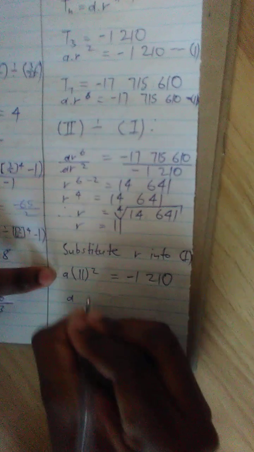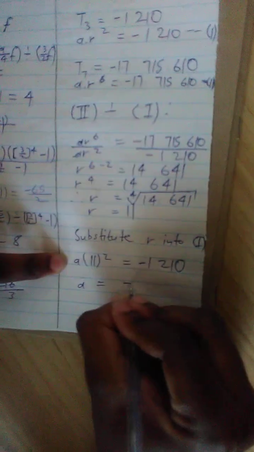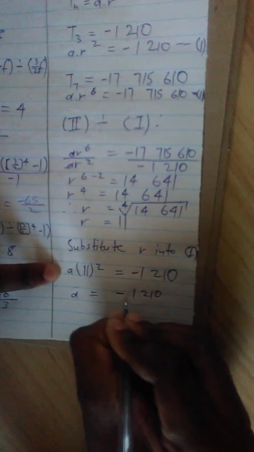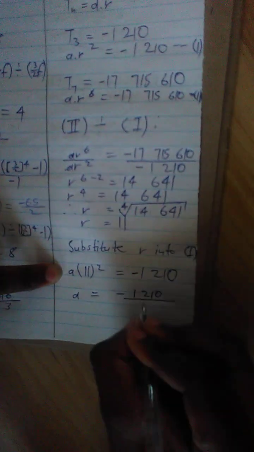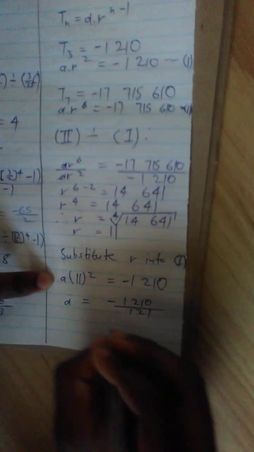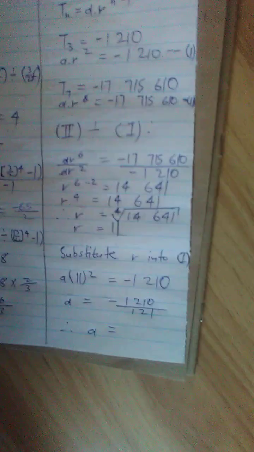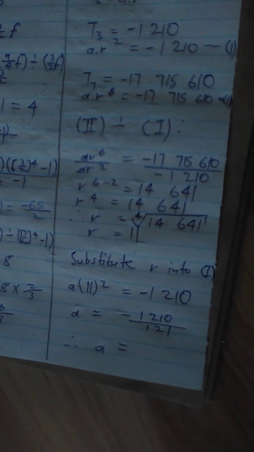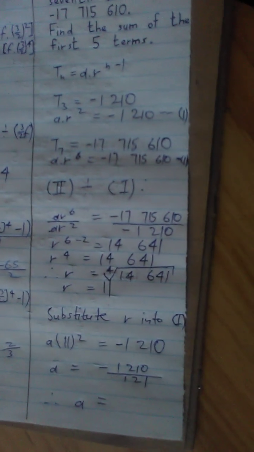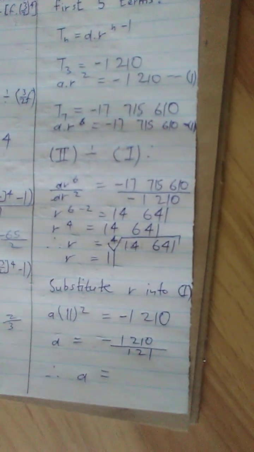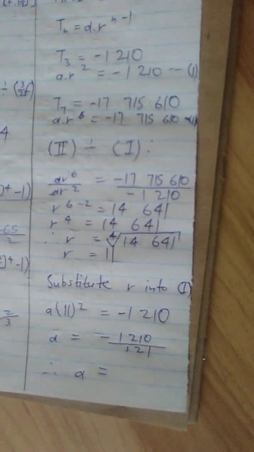So it's going to be a is negative 1,210 divided by 11 squared, which is 121. So we get a to be negative 10.